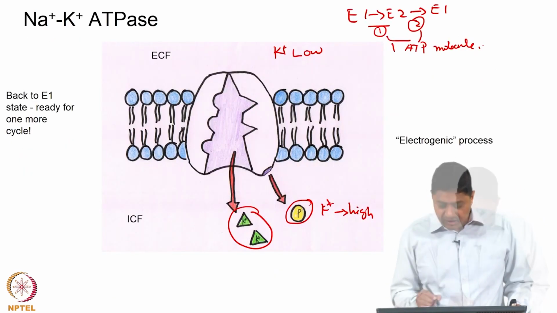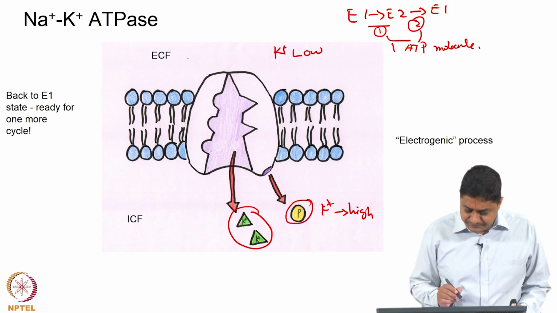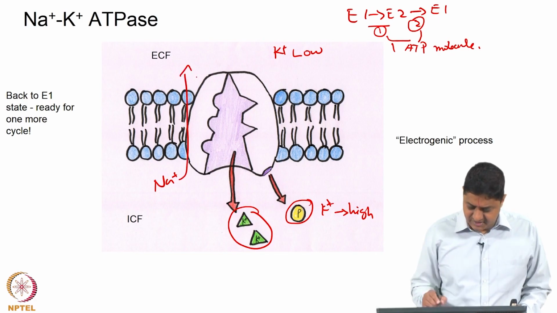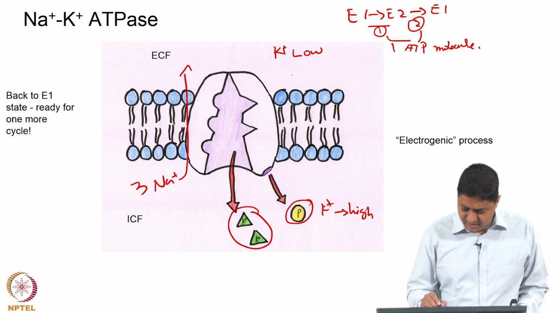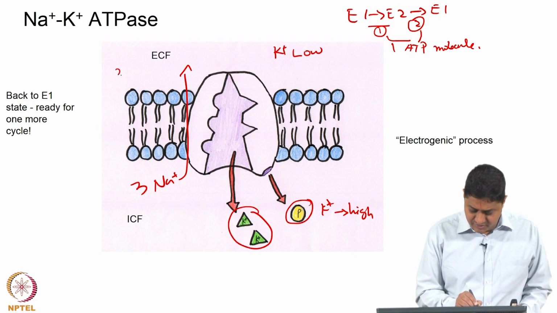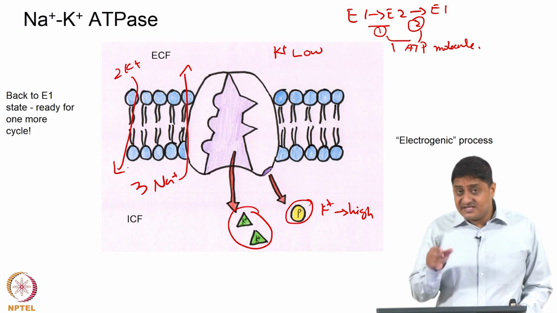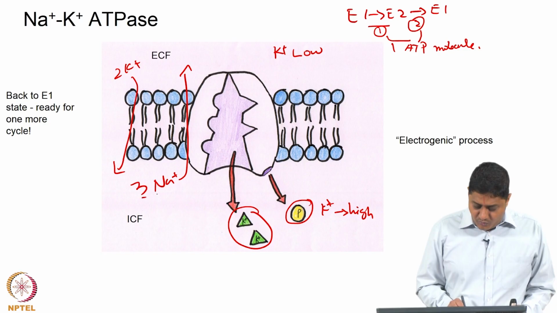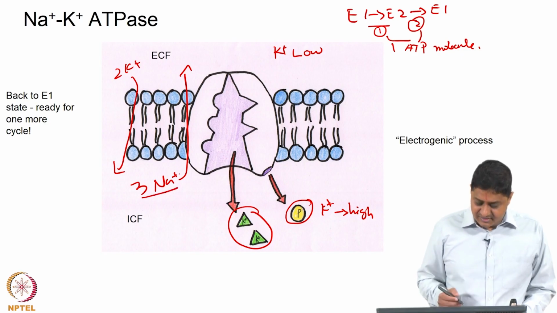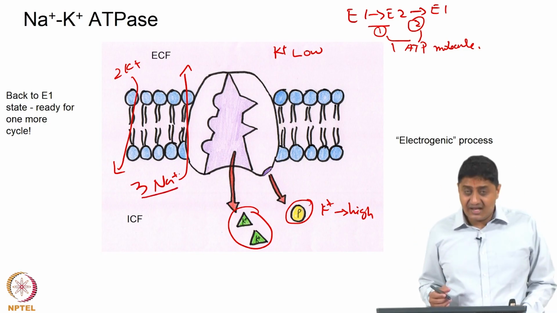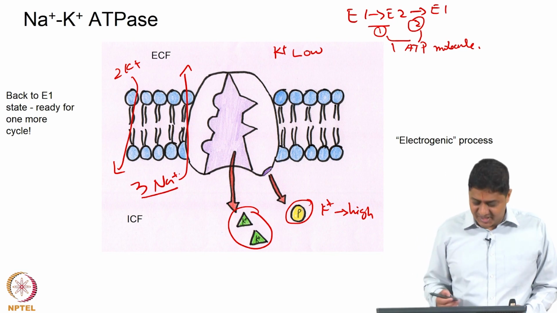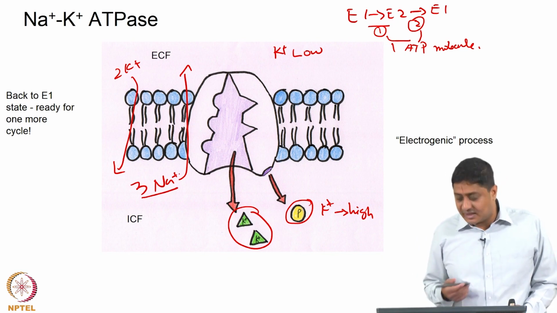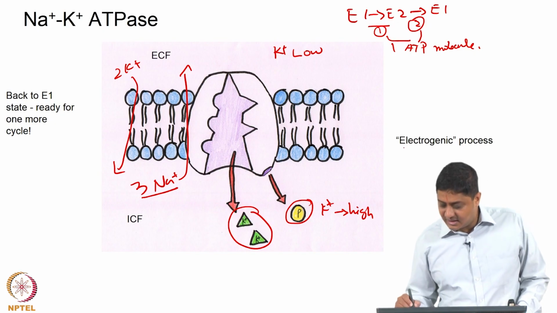Also note, 3 sodium ions get transported from this side to that side, and it is actually 2 potassium ions that are transported in the other direction. Effectively, each cycle of this pump makes the inside of the cell a little less positive, or a little more negative. So, this is an electrogenic process.